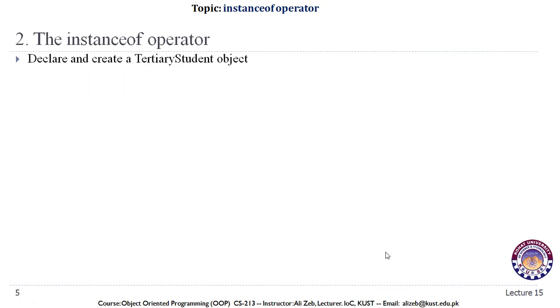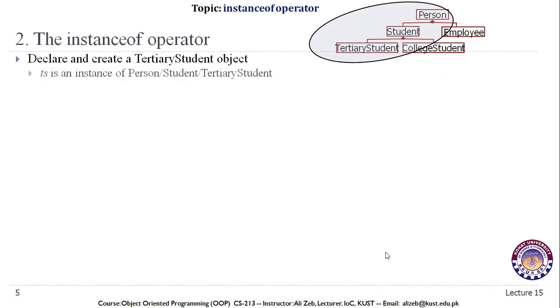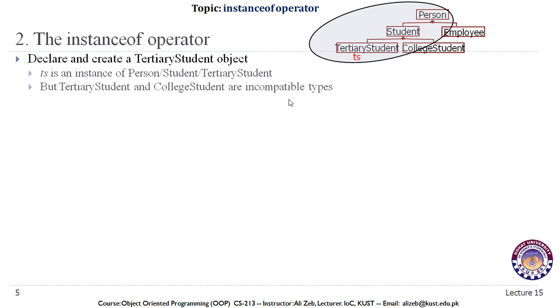Extending the example further, we use the subclass of the Student class to declare an object TS in this case. Now TS is an instance of the Person, Student and TertiaryStudent classes, because Student is a subclass of the Person class and TertiaryStudent is a subclass of the Student class.